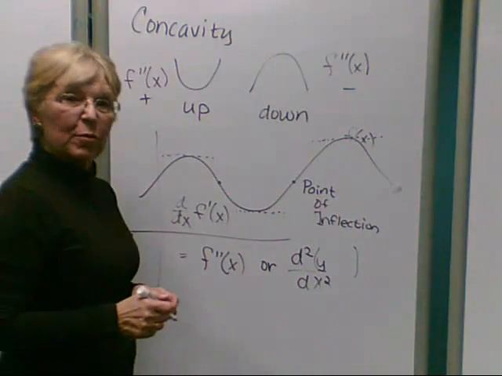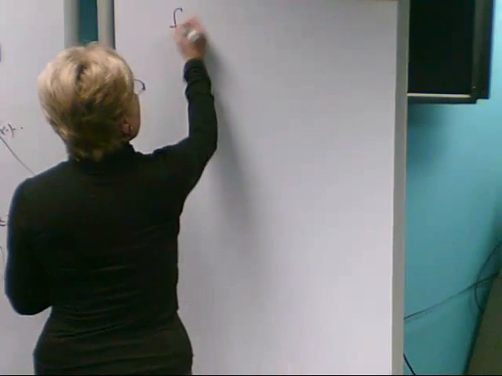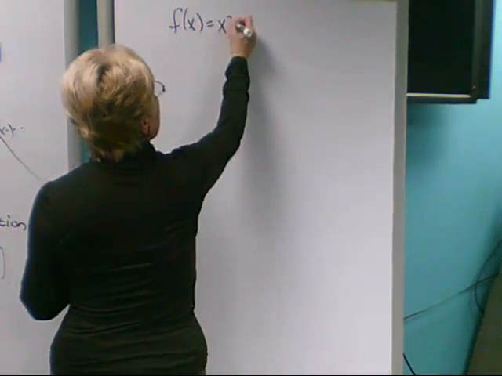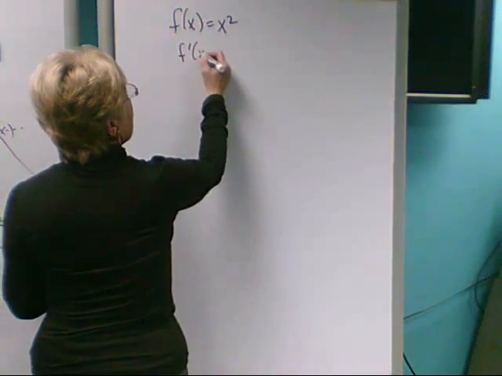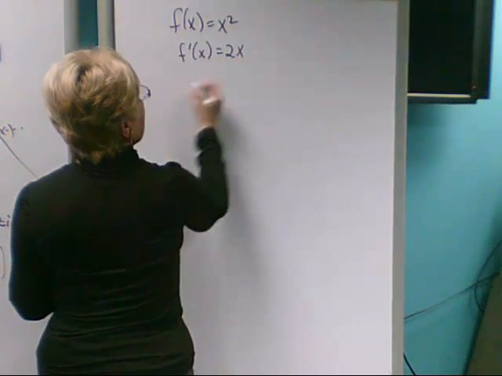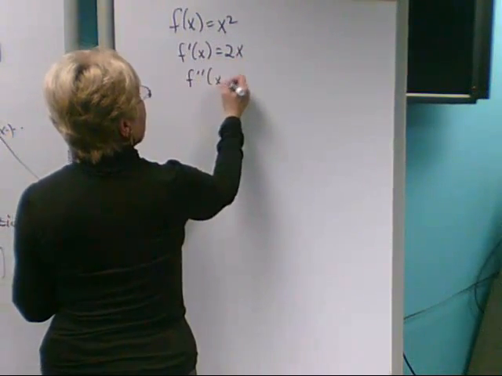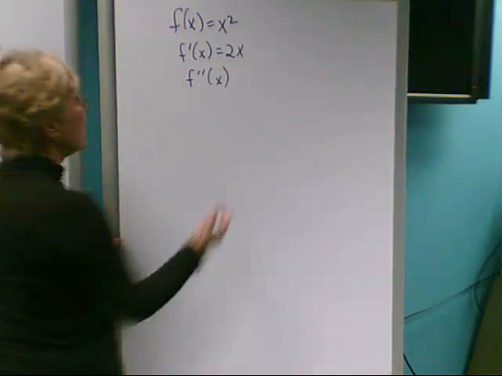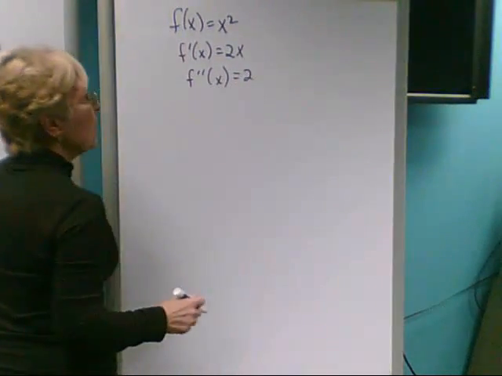Let's take an example and show you what that looks like. A simple function: f of x equals x squared. Its first derivative is 2x, and its second derivative, taking a derivative again, is going to be 2.